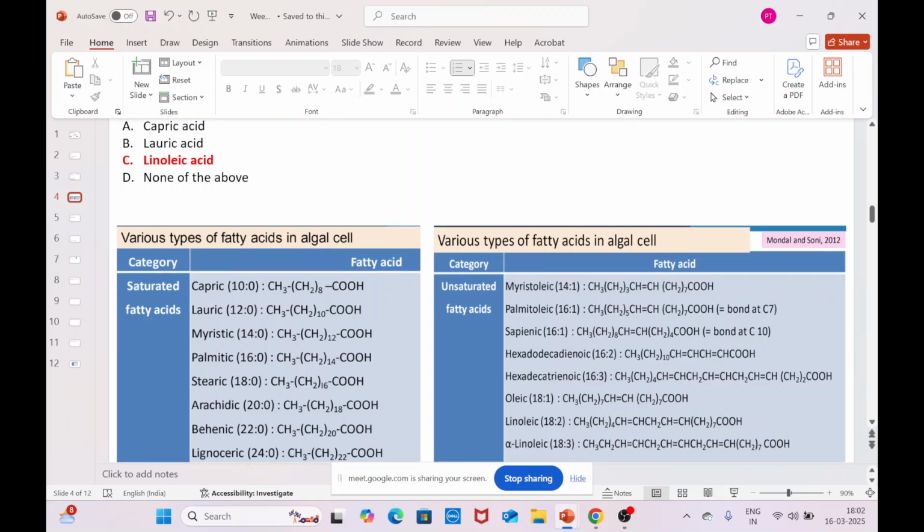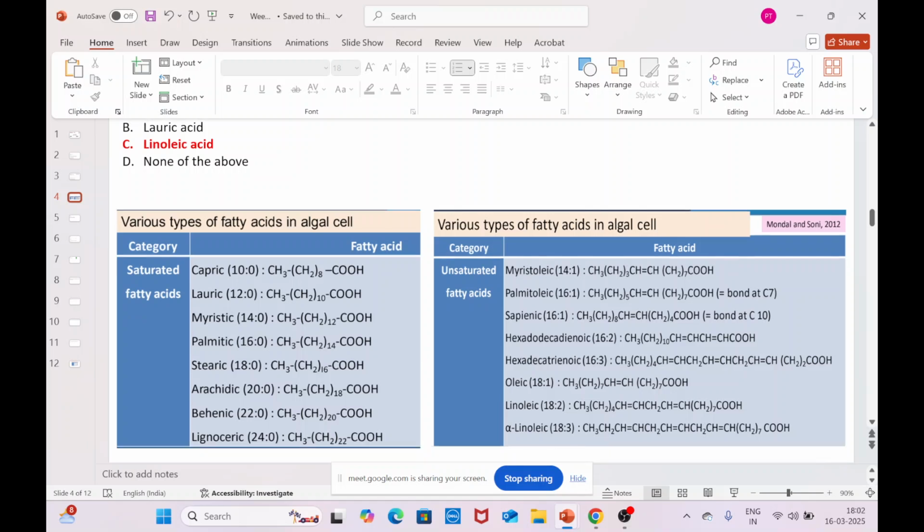So this is the table. Please, I think you may be required to remember this table. So what are the different types of saturated fatty acids and what are the different types of unsaturated fatty acids? This is the entire list that is available in the course.